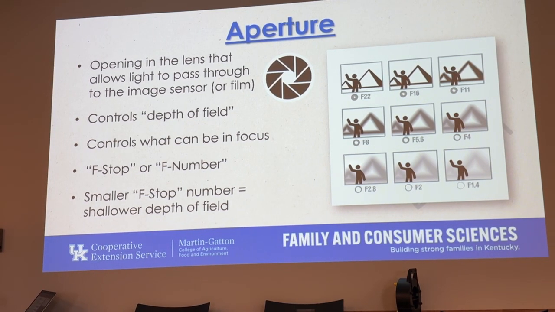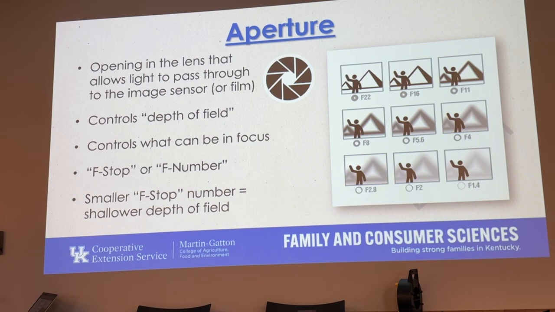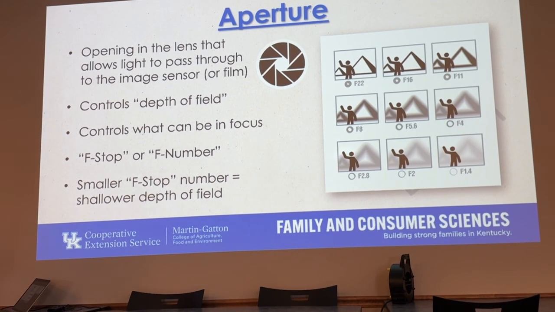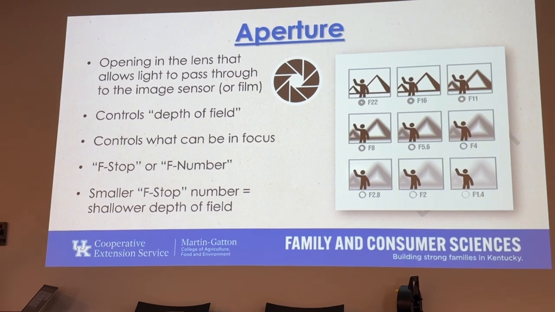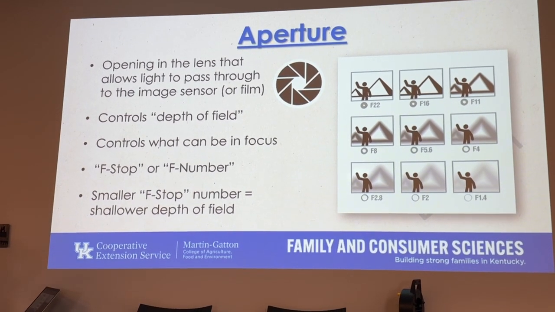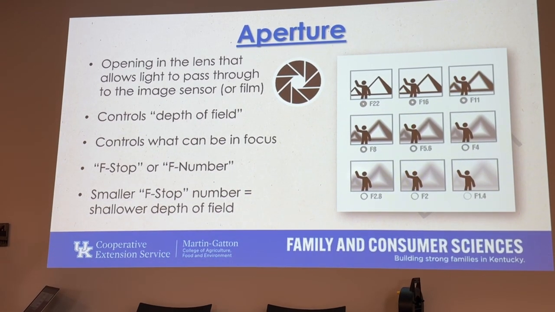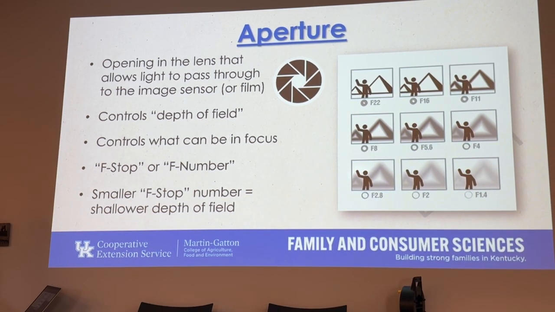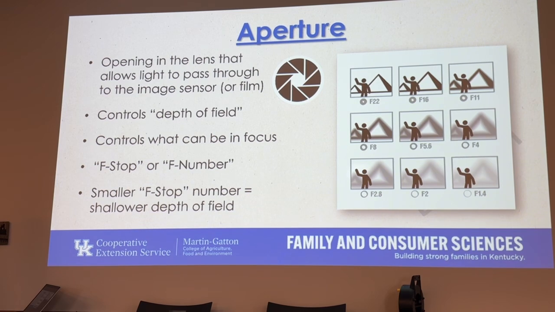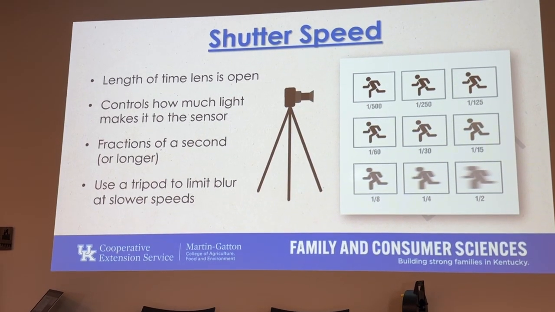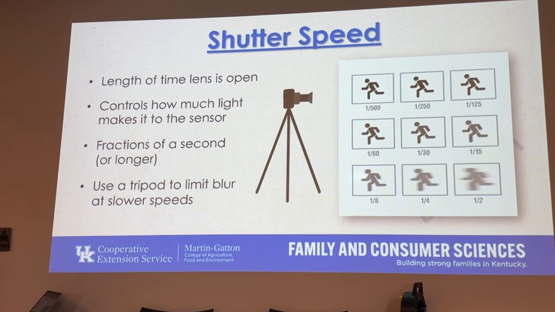The larger the aperture opening, the smaller the F number, the shallower the depth of field. So if you want everything in focus, your F number is going to be higher. If you want just the main focus on your subject, the lower the number is going to be. I know that's very technical. You probably won't even worry about that if you're taking pictures unless you're on a fancy camera.